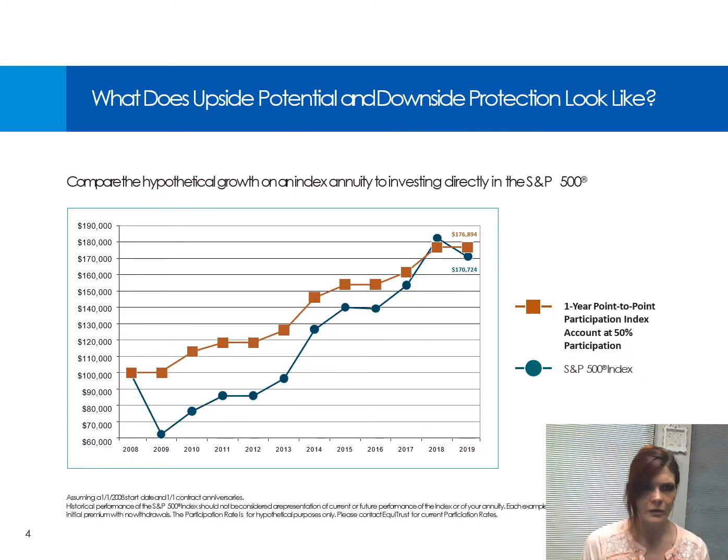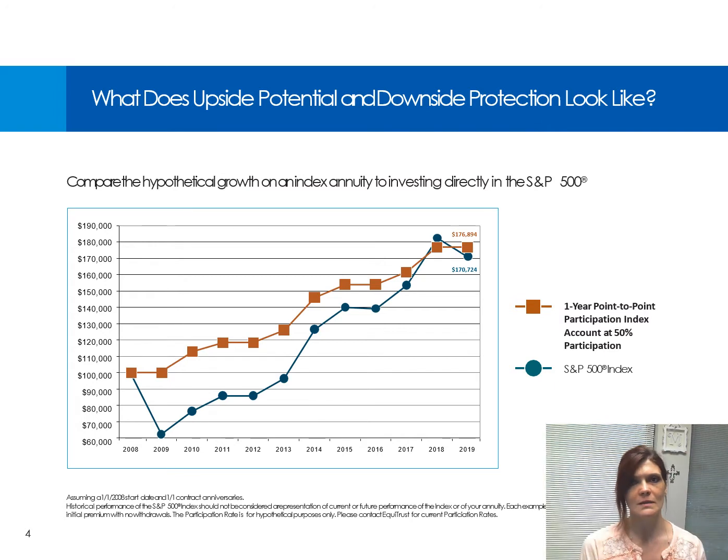Here is one of our really good charts. You can see that if you had your money directly in the S&P, in 2008, it went down significantly. A lot of people who had money in the market are familiar with this. A lot of people lost half of their 401k.